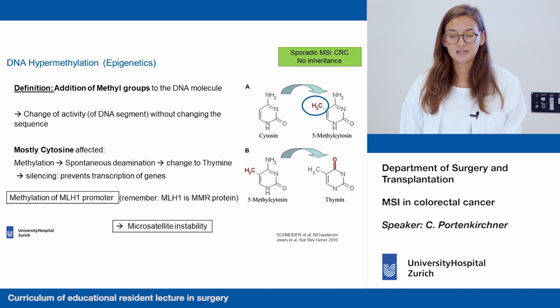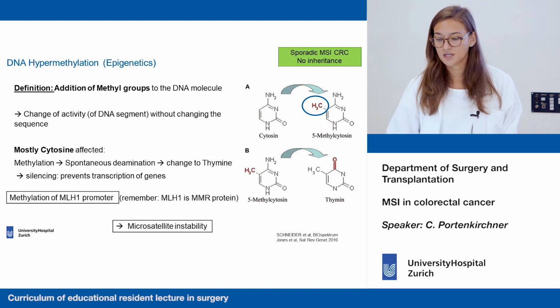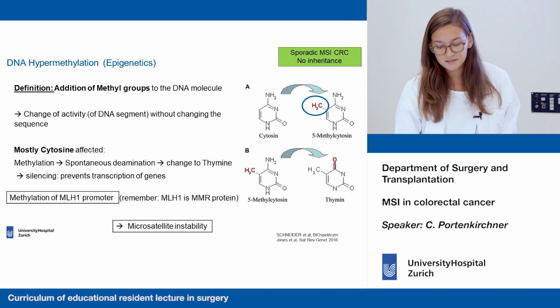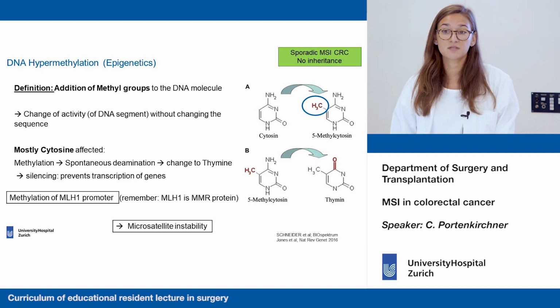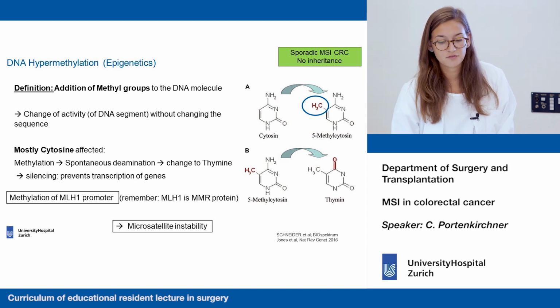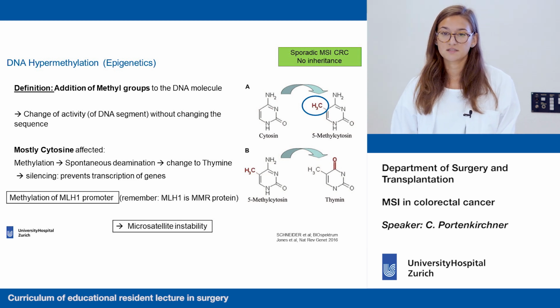DNA methylation means that a methyl group, CH3, is added to a cytosine, and then the cytosine changes due to deamination to thymine. Then we have a mispair, a TG mismatch, and this can lead to silencing of the MLH1 mismatch repair protein. Due to methylation of the MLH1 promoter, it leads to microsatellite instability.